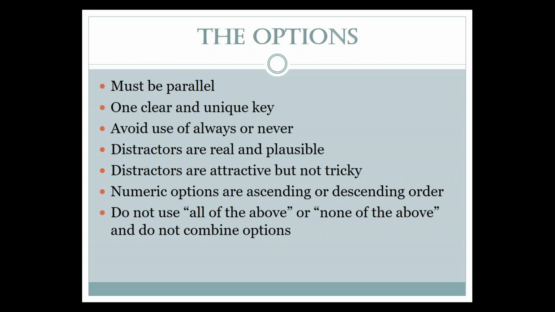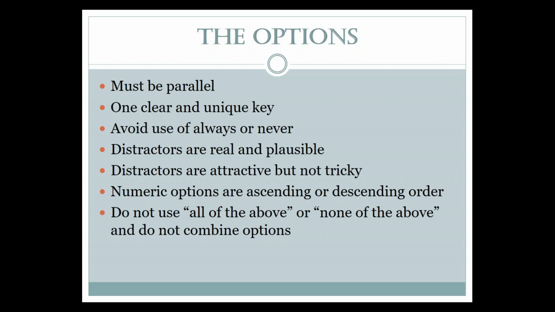We want to make sure our key is clear and unique. So no trick questions, no tricky keys, and we don't want any keys that look very, very similar to another option. So a whole sentence where one distractor has an "and" and the key has instead an "or" is very tricky for candidates who are under a lot of stress and may just happen to read over that "or."